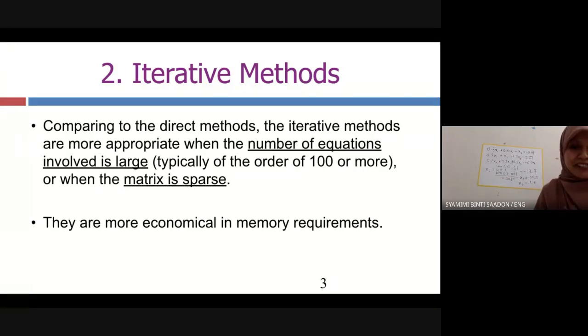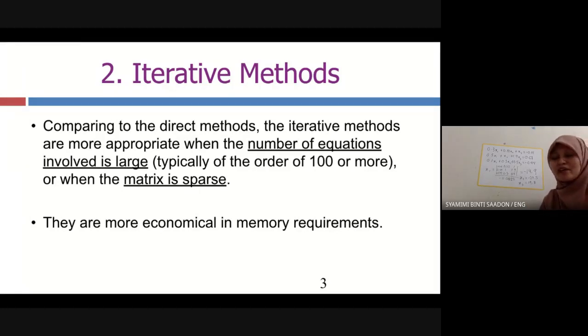Okay. Iterative methods are more appropriate when the number of equations involved is large. So for example, here we only have 2 or 3 linear equations. So it is possible to solve by hand manually using Cramer's rule, graphic, etc. Right? But if you have until xn, even 20, or hundreds, 50 x's, it's not possible to use these direct methods. So we have, for example, iterative methods when the number of equations is large, 100 or more.